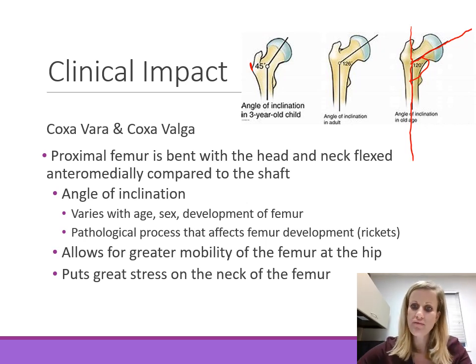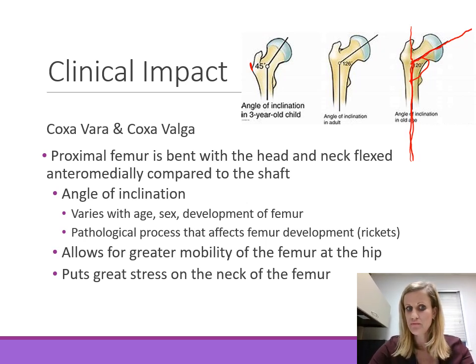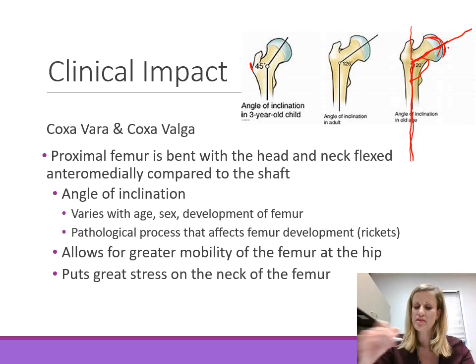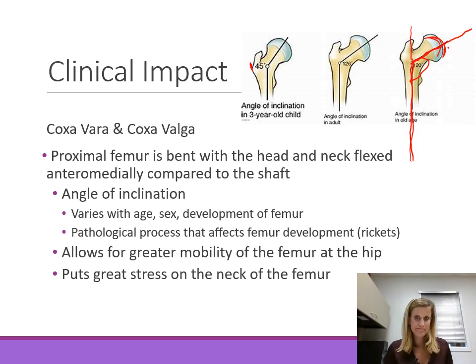Because again, the shaft of the femur comes up relatively vertically, and then where the femur is attaching to the pelvis, it takes a sharp turn medially as it goes in, and the head then meets with the acetabulum.